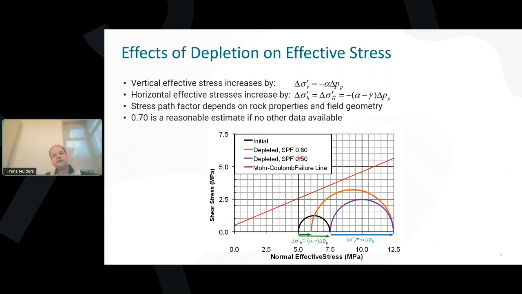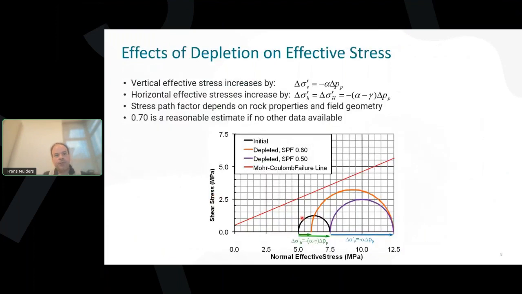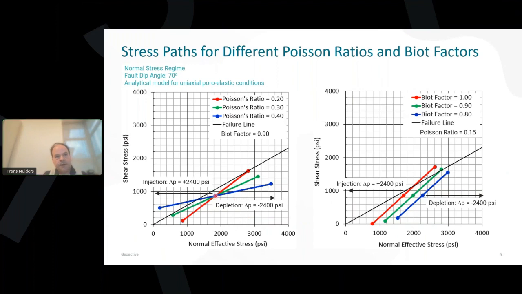But if you have a stress path factor of 0.8, you actually can move towards failure. So what does that mean? We are looking here at a certain starting point. So if my fault has a certain orientation, I'm looking here at a point on this circle, a starting point.